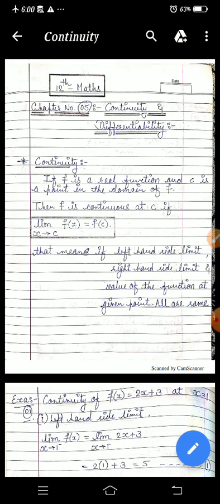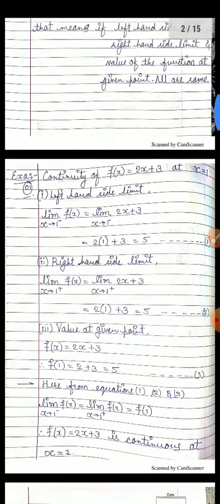Let us check one example. In our textbook, example number 1 is: check the continuity of the function f of x equals 2x plus 3 at the given point x equals 1. First of all, we are going to check the left hand side limit at that point. For the left hand side limit we denote the point with a negative sign, and for the right hand side limit we denote it with a positive sign.